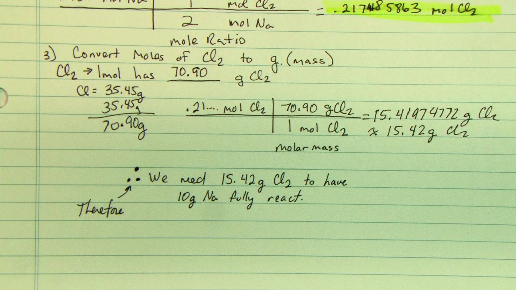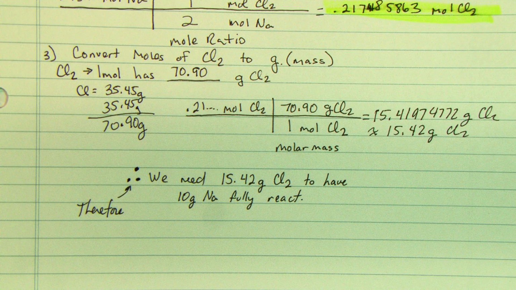And that's one of the things we want to know: we don't want to have extra stuff. We don't want to have a bunch of reactants left over afterwards, because then we're just wasting. A lot of times once we're done, we're just going to get rid of it. Especially in a manufacturing process, you don't want excess reactants afterwards, because a lot of times they'll just get rid of stuff. So you want to minimize that waste, which minimizes costs.